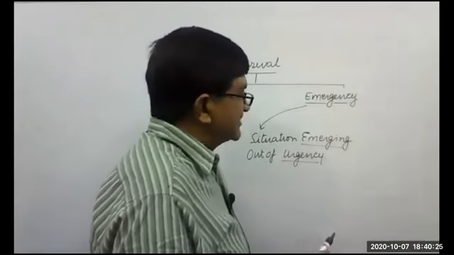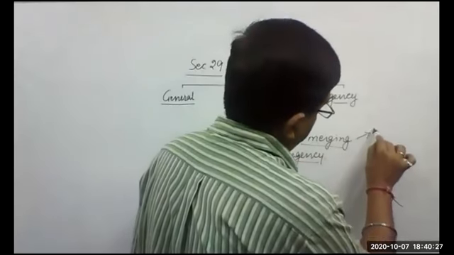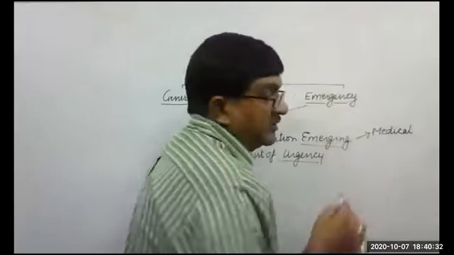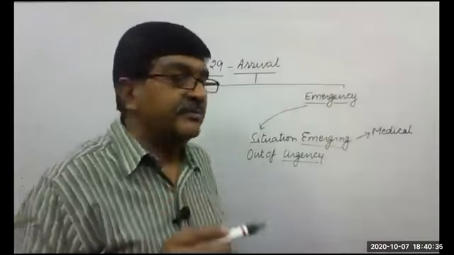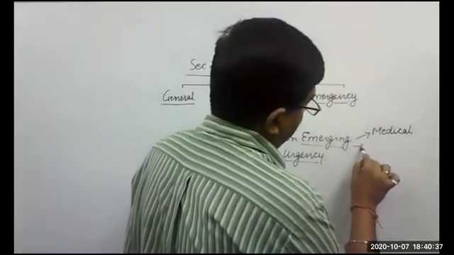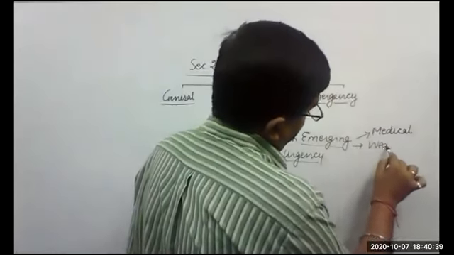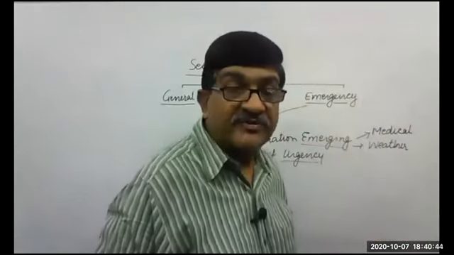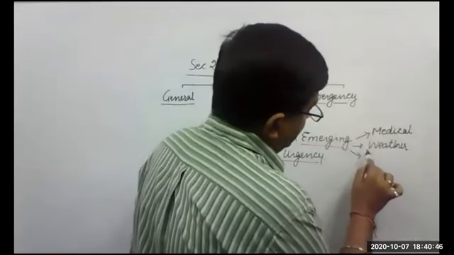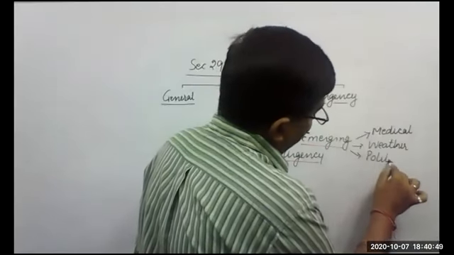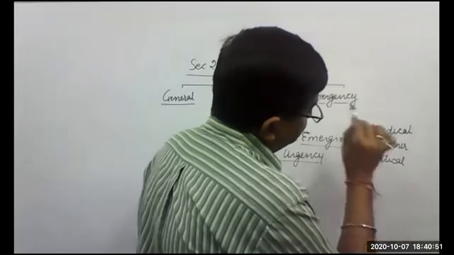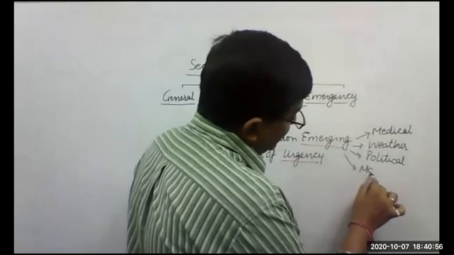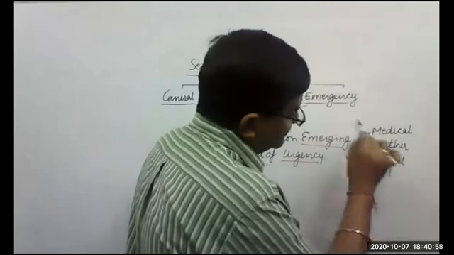Say, for example, medical emergency is one type, right? Then weather emergency, that is another type of emergency. Political emergency is altogether different. Market emergency, that is stock market emergency, is a different type of situation.